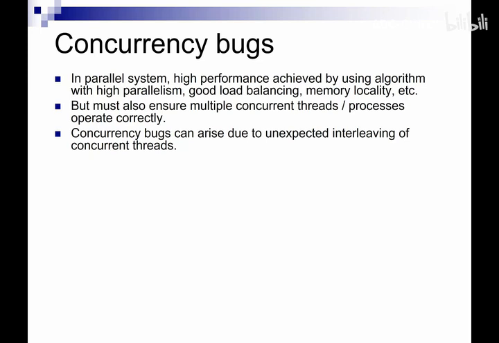It should be incremented twice. Basically, these bugs occur because when you have multiple concurrent threads, their execution can be interleaved in any order, because you really don't have any control over the speed of execution of the threads. That's up to the runtime environment and whatever happens during runtime.